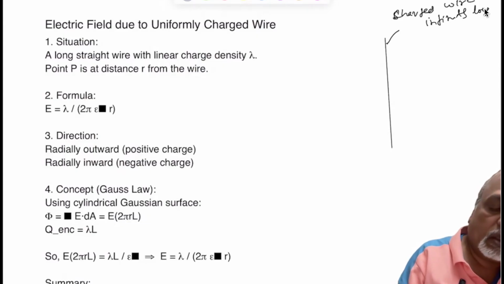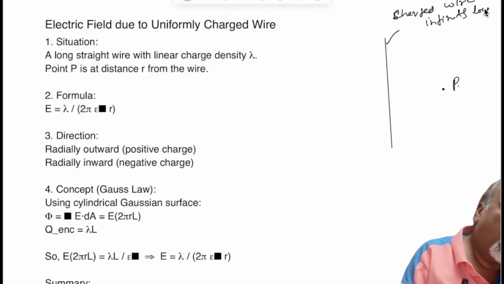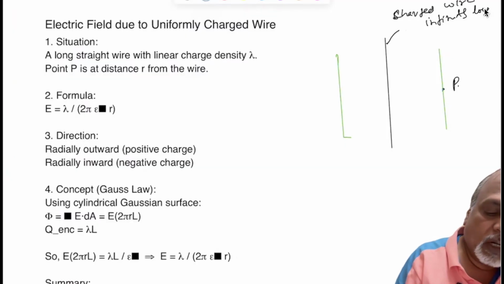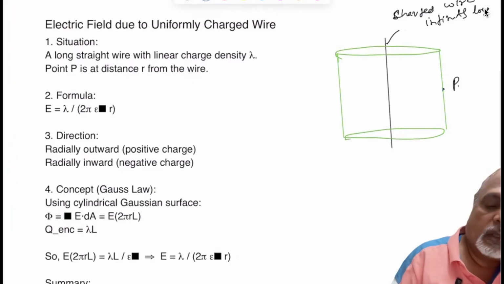Due to this, suppose you want to find out the electric field at P. Then what will we do? We will make a Gaussian surface through this. Since it is a wire, it is better to make the Gaussian surface a cylinder.